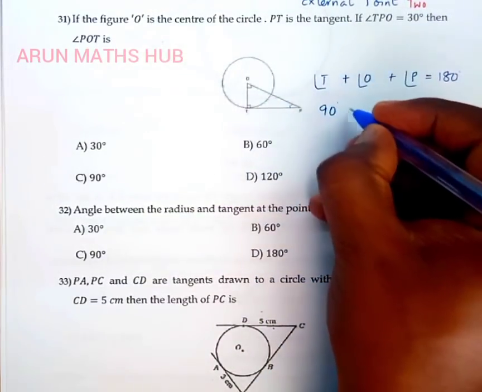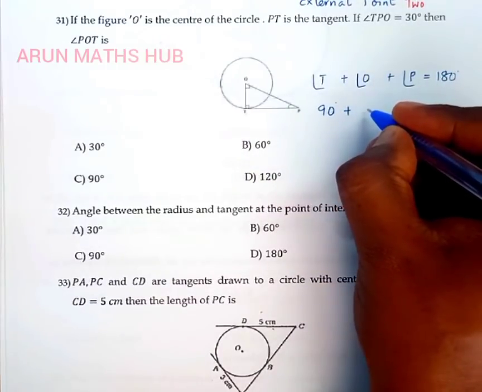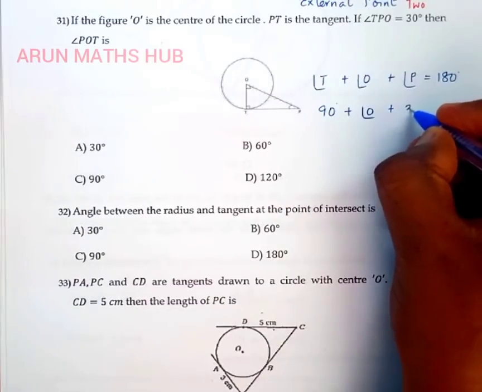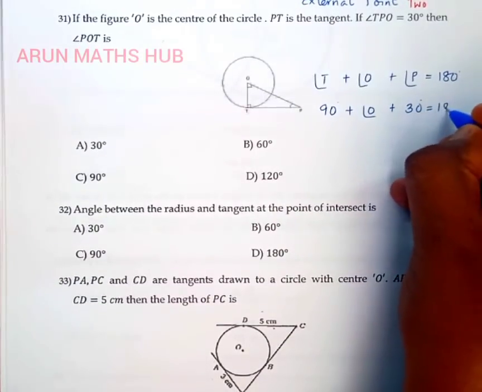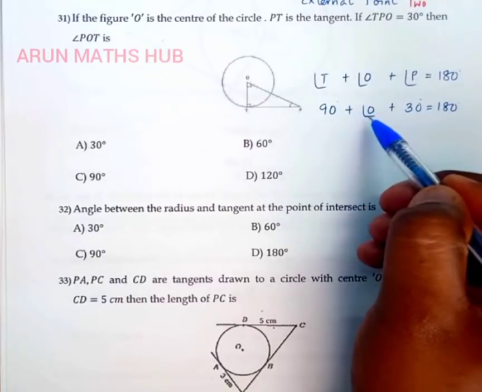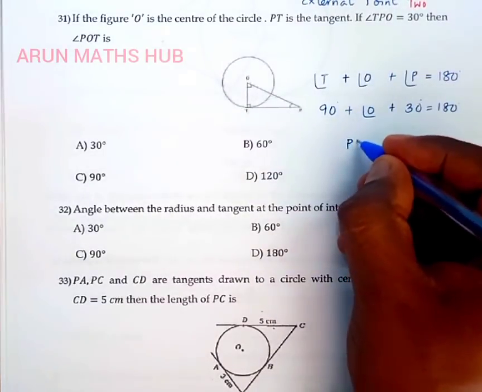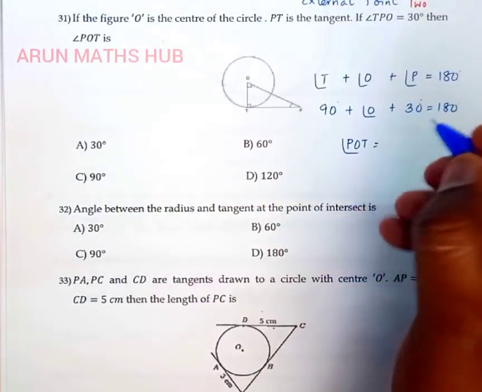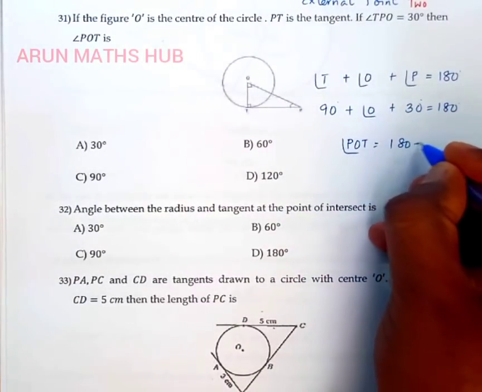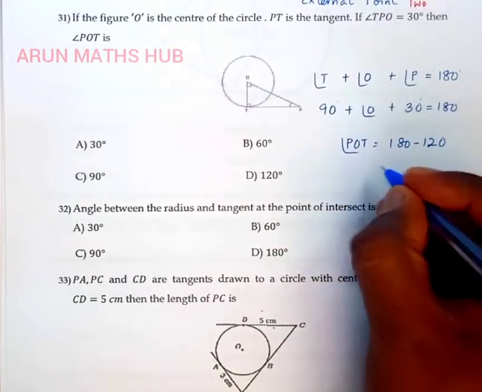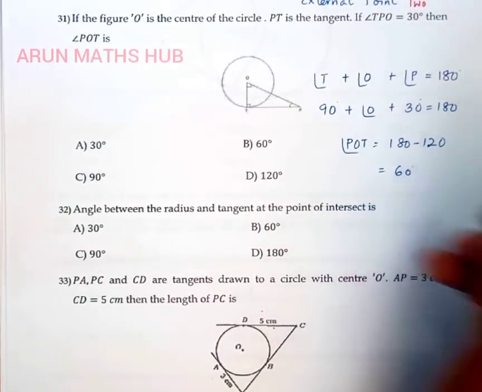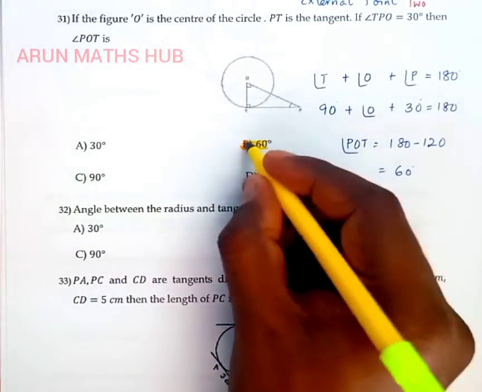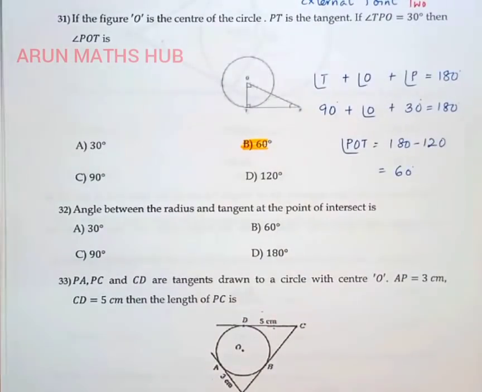Angle T is 90 degrees, angle P is 30 degrees, and we need to find angle O. So 90 plus 30 plus angle O equals 180 degrees. Therefore, angle POT equals 180 minus 120 degrees, that is 90 plus 30, 120. We get angle POT is equal to 60 degrees. Therefore, the correct answer is option B, 60 degrees.